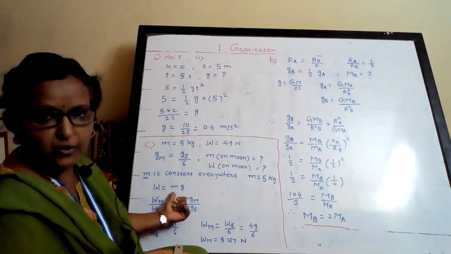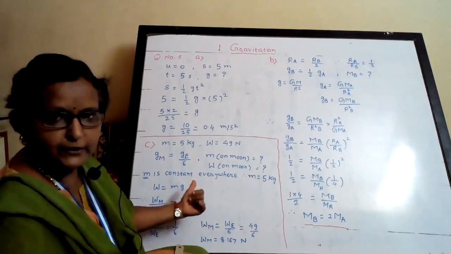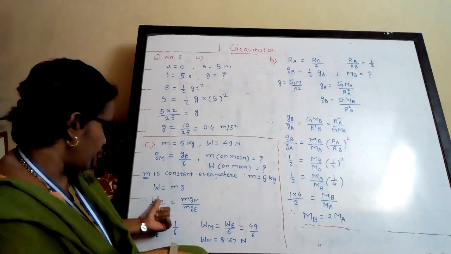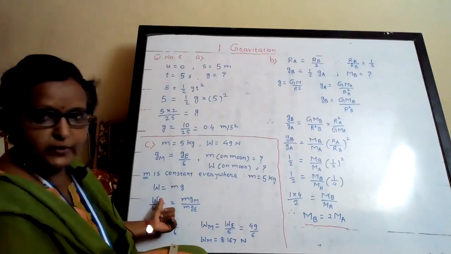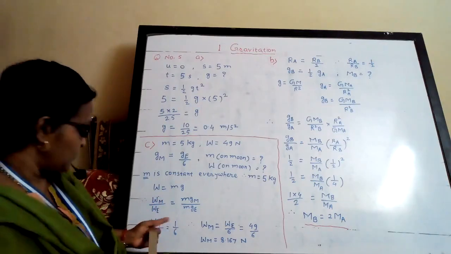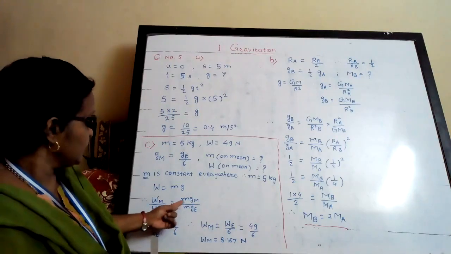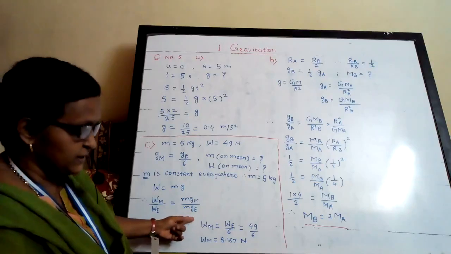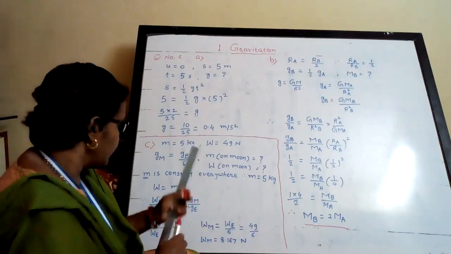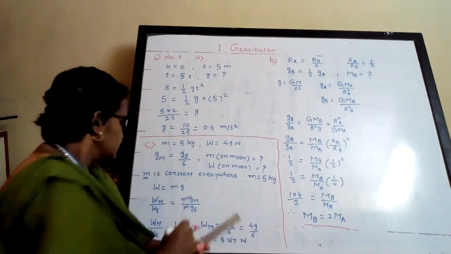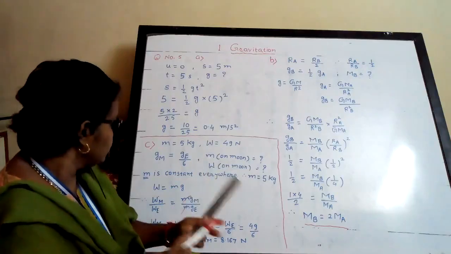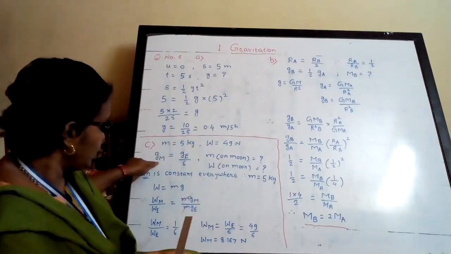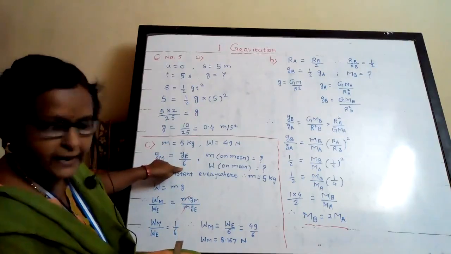So we know the formula, W is equal to m into g. So Wm, that is weight of the object on the moon, and We, weight of the object on the earth, Wm upon We is equal to m gm upon m ge. Again here also m getting cancelled, gm upon ge. Now gm upon ge is equal to 1/6.